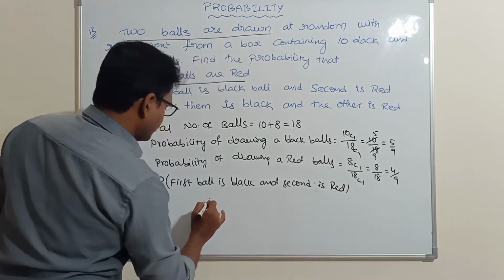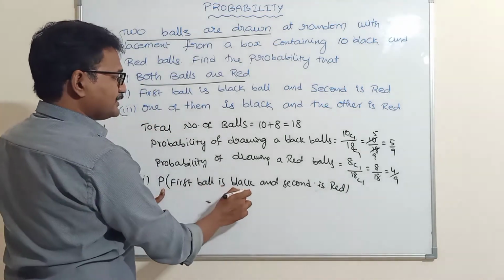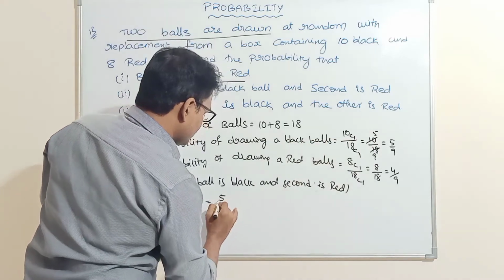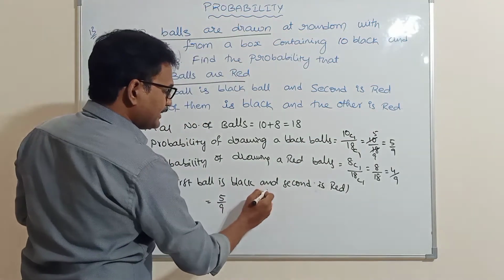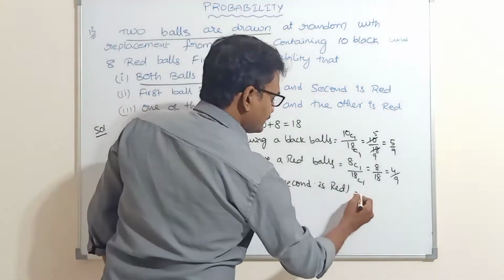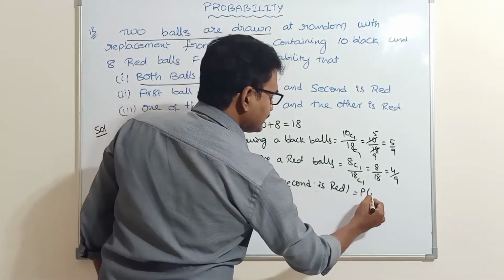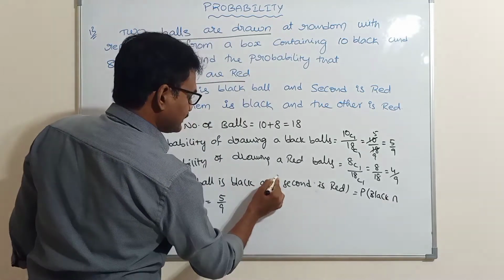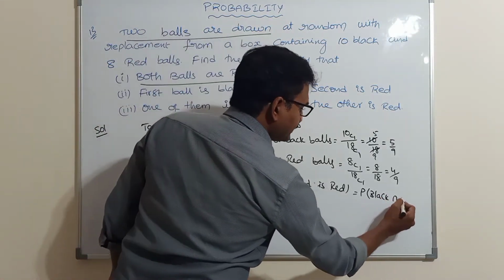The probability of drawing a black ball first is 5 by 9. And means intersection: P of black intersection red.